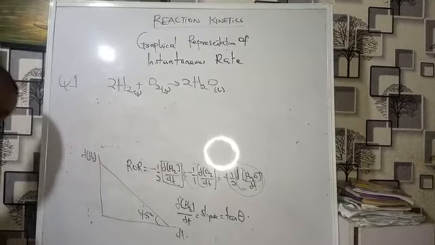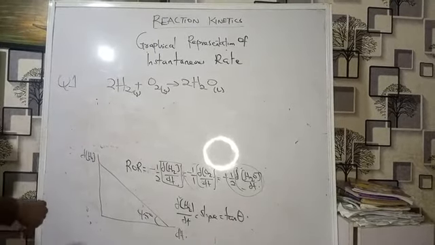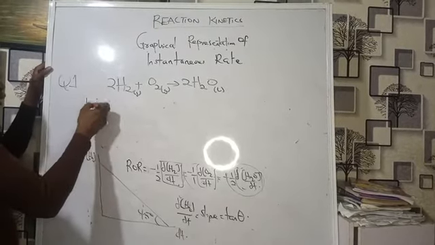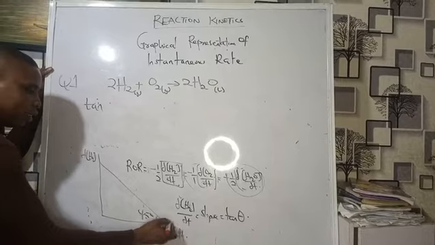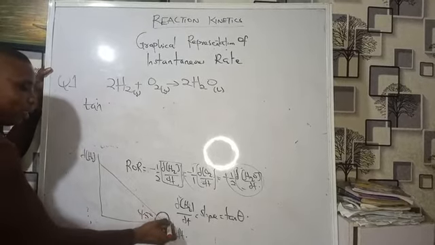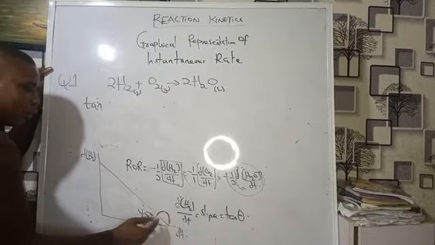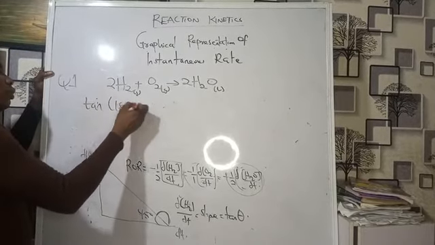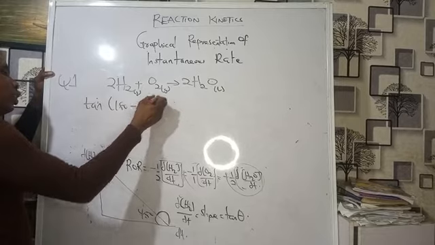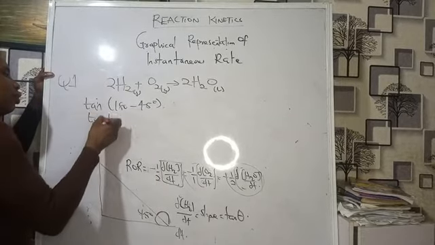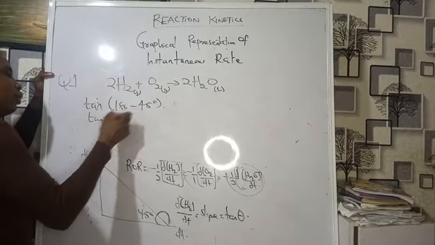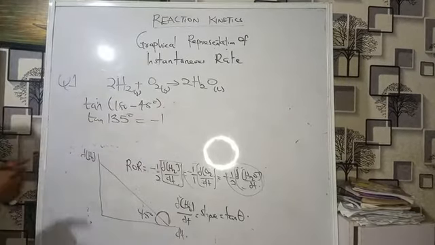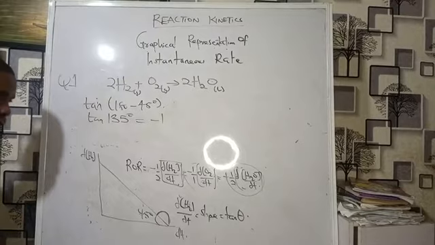So now, the tan that we'll get, remember, is the angle we make with the positive x-axis. Now 45 becomes tan of 180 minus 45 degrees. That's tan 135 degrees. Tan 135 is minus 1. You know that. So tan 135 is minus 1.